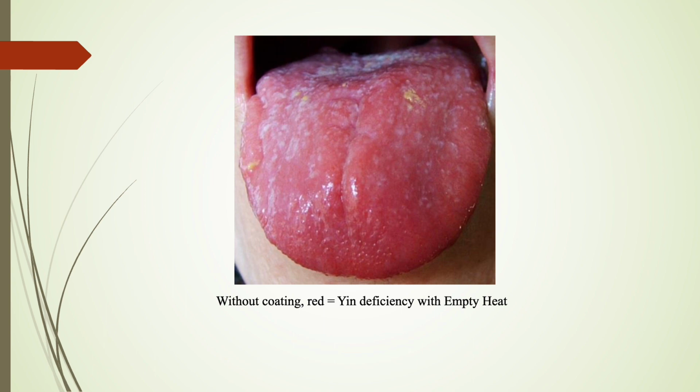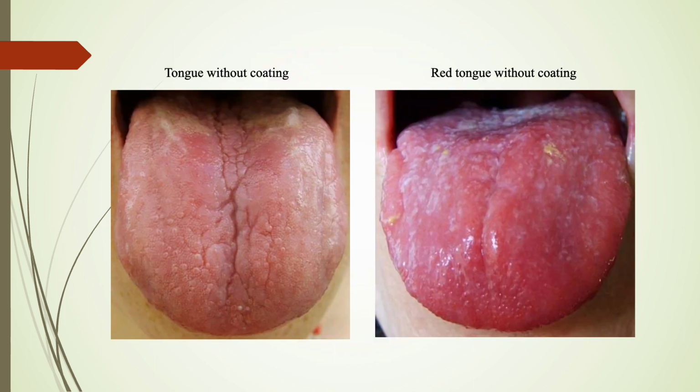The implication of this, of course, is that there are many tongue types that indicate yin deficiency if the tongue body is not red. The tongue on the left is without coating, and the tongue on the right is red without coating.